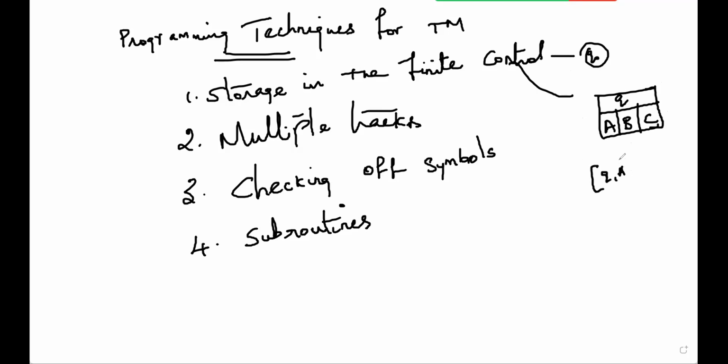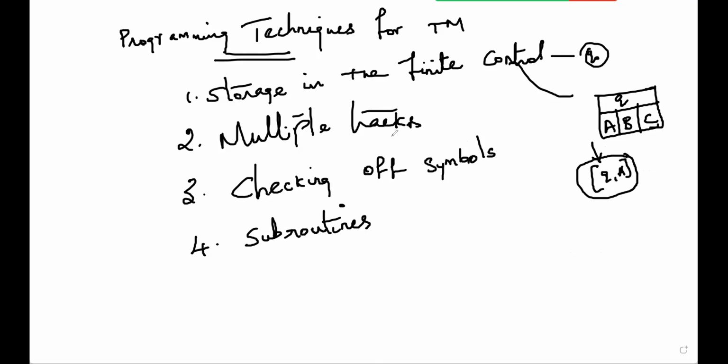Q comma A is considered a single state. That means the symbol you previously recognized during your transition is automatically stored here. I know that from this particular state, the previously recognized symbol is A. For that purpose, we are using storage in finite control. We'll see first this type.